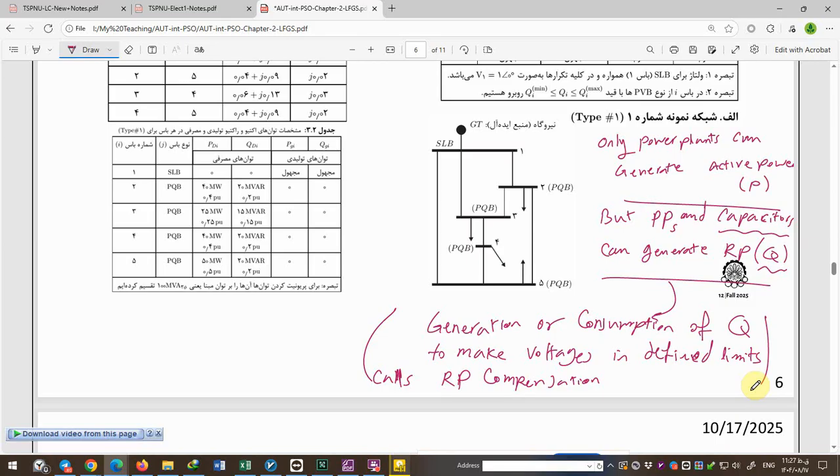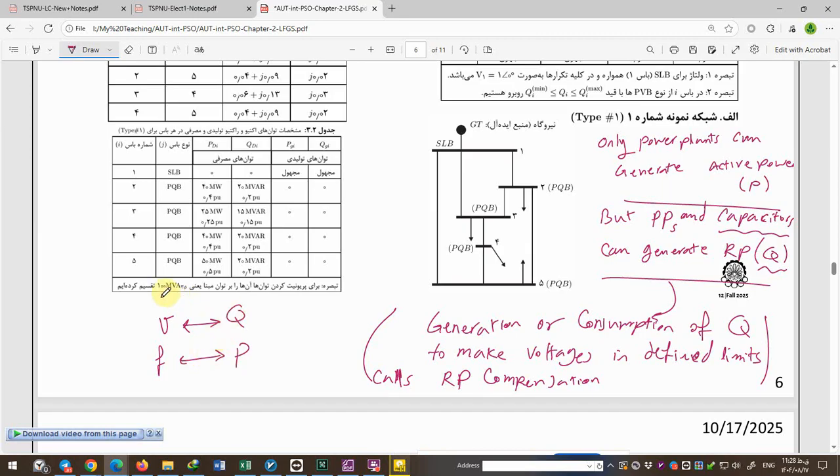I think you know that there is a direct relation between voltage and reactive power. The voltage and reactive power act on each other directly, and active power and frequency relate directly.